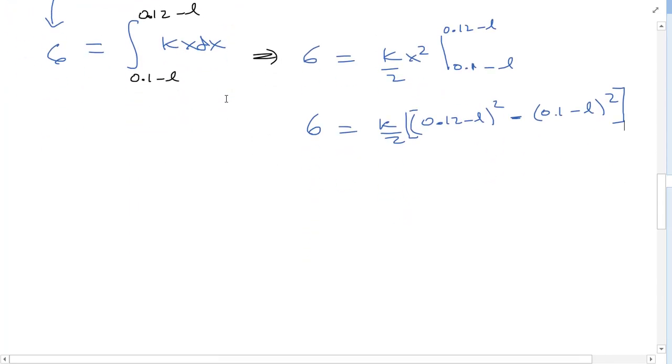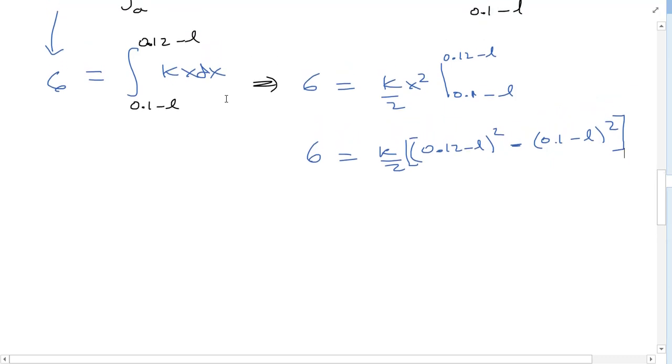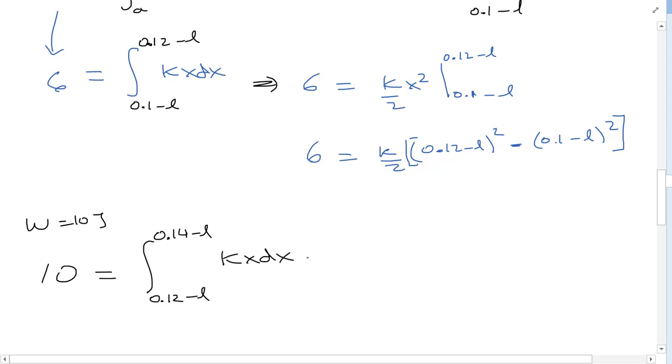So I can set up another integral then. And that second integral is going to be for the work of 10 joules. So 10 joules of work is needed to stretch it from 12 centimeters to 14 centimeters, right? So that will be 0.12 minus L to 0.14 minus L, if we draw the same kind of picture, of kx dx.